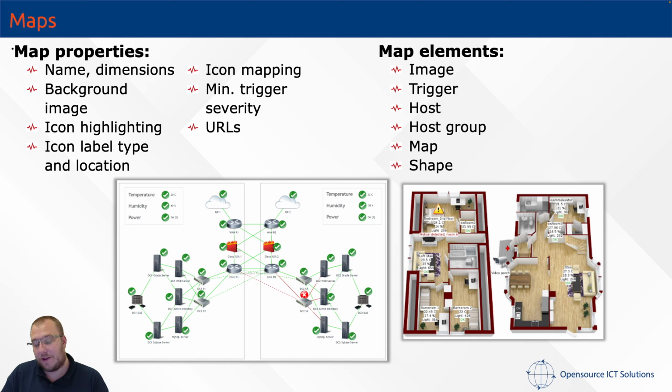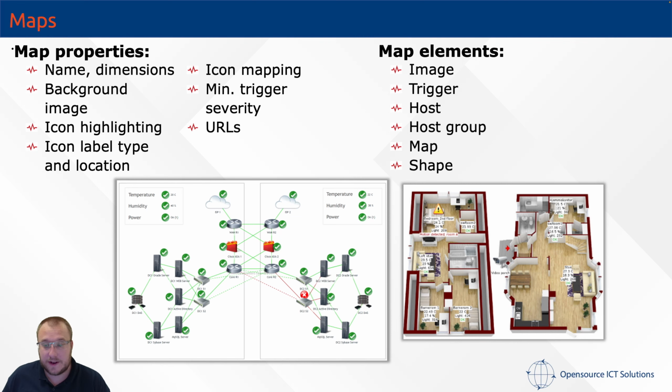Once we would like to configure or create a new map, we can set the properties of that map. So changing the name, the dimensions, aesthetic background, how icon highlighting should happen, minimum trigger severity, URLs, etc. Then we save it. We go into edit mode, and from there we can add map elements. Those map elements: images, so just icons, triggers, host groups, maps, or a shape like a circle or a line or whatever.